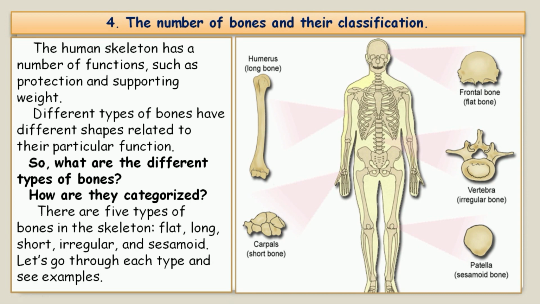So, what are the different types of bones? How are they categorized? There are 5 types of bones in the skeleton: flat, long, short, irregular, and sesamoid. Let's go through each type and see examples.